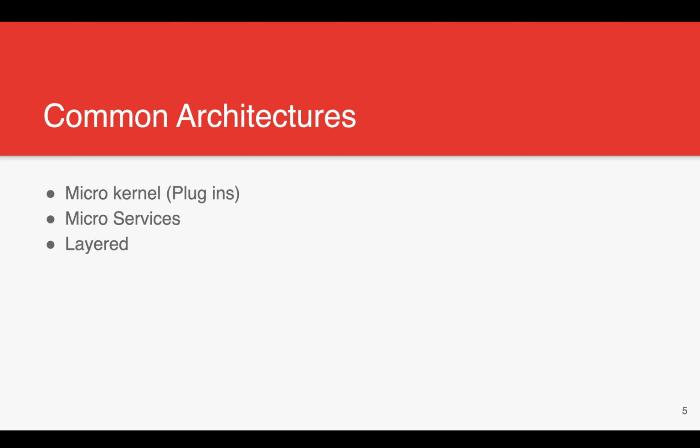I might not go into these much, but just to give you an insight of an overall architecture stack, one of the very common ones you would see in Android is the microkernel, which is like plugins, where every module you build into your app would function as a plugin, like you're attaching something new into the app. For example, Facebook kind of functions like a microkernel architecture, where you see them introduce new things into the app that function like separate entities.